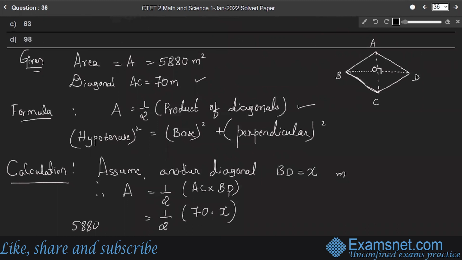Therefore, look at the diagram. Here we have got a right angle triangle. Hypotenuse square is equal to base square plus perpendicular square according to the Pythagoras theorem.